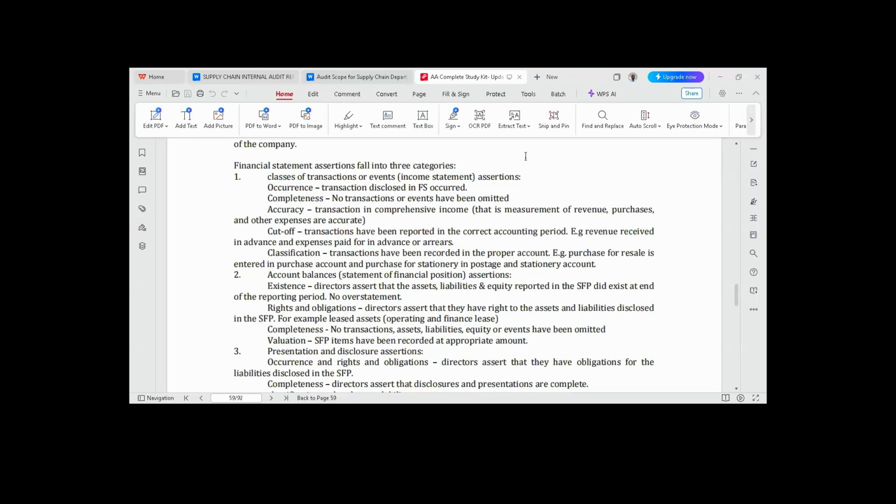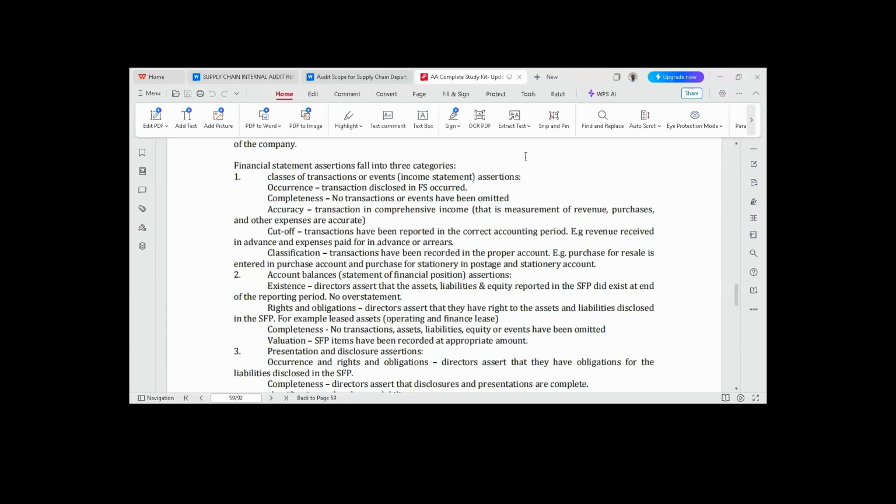You have direct wages and you have indirect wages. Indirect wages will form part of admin cost or salaries and wages, while your direct wages will form part of cost of production.